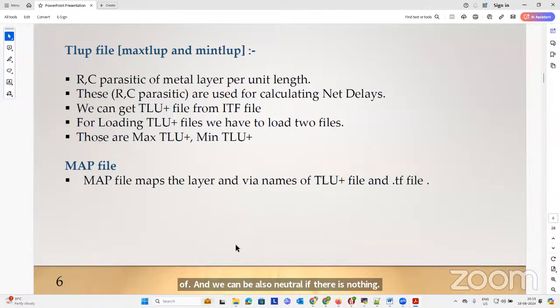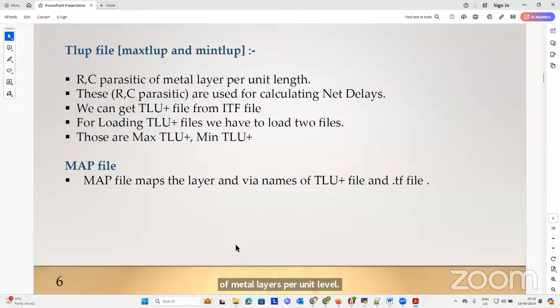Like that, standard cells have minimum, maximum, and moderate characteristics. That is how they are defined, using RC parasitics of metal layers per unit length.